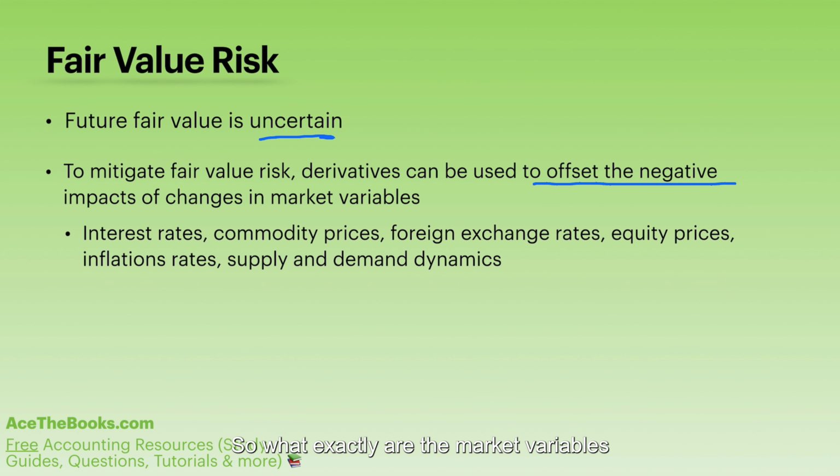So what exactly are the market variables that contribute to this fair value risk? Well, there are certainly many different market variables that contribute to fair value risk. There are interest rates that change, commodity prices, foreign exchange rates, equity prices, inflation rates, and supply and demand dynamics that are all unpredictable to an extent.